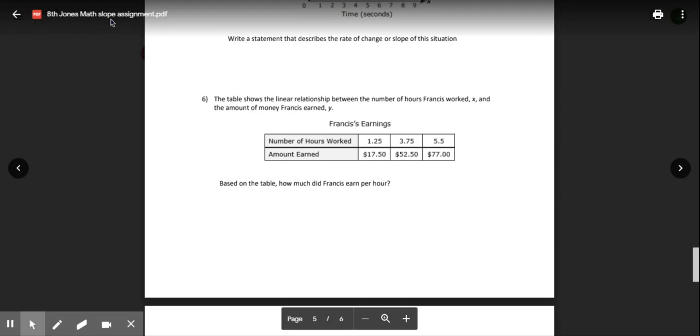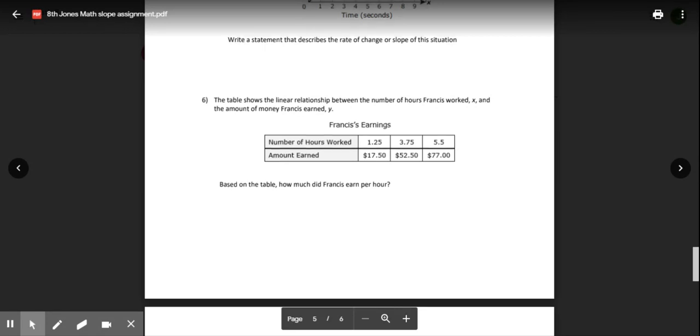What this allows me to do is mirror my phone up here. Maybe not. Oh well, guess we'll do it this way then.